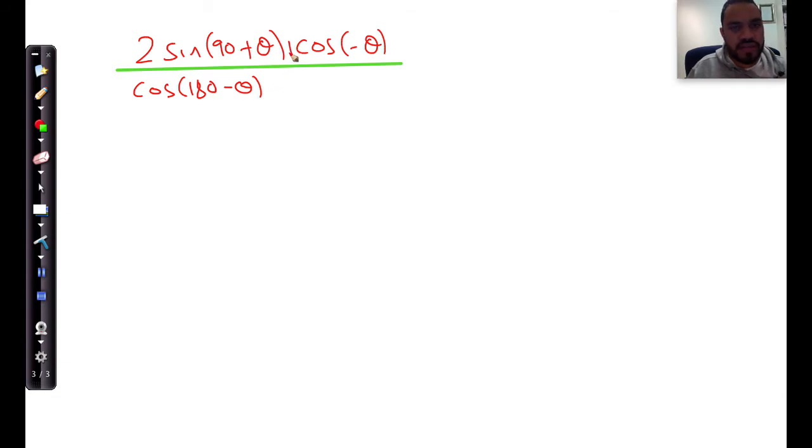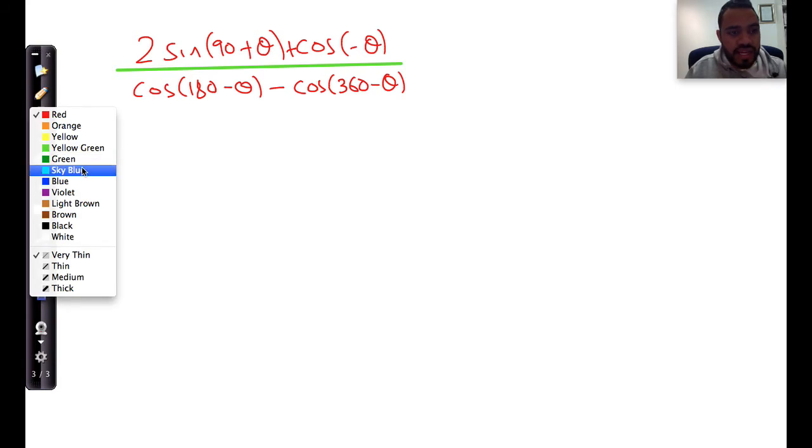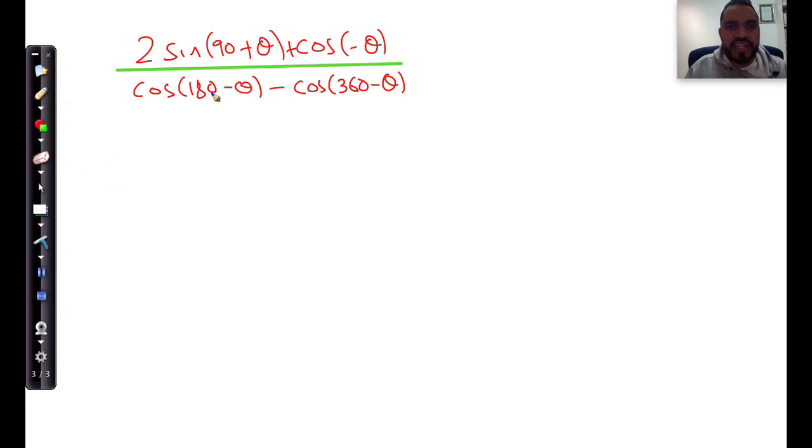Sorry, there's a plus in between here: plus minus cos of 360 minus theta. I'm only going to do 1 or 2 examples where I go into detail with what it looks like. So we need to simplify this.